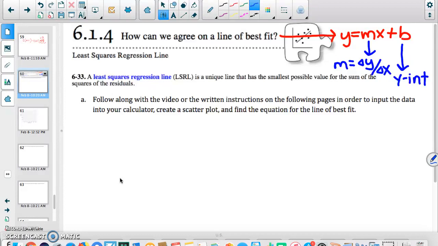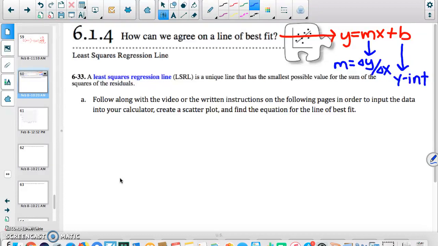The second reason we want to use technology to find a line of best fit is we were just looking at the data individually and picking 2 points that we thought made a good line of best fit. But we quickly discovered that your line of best fit might have been different than someone else in class, and that person's line might have been different than the next person's.